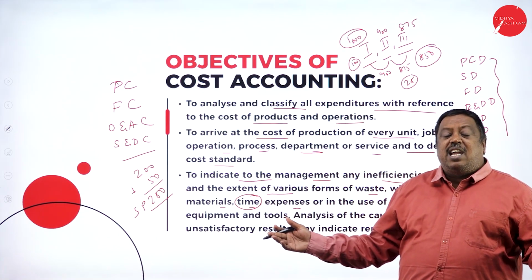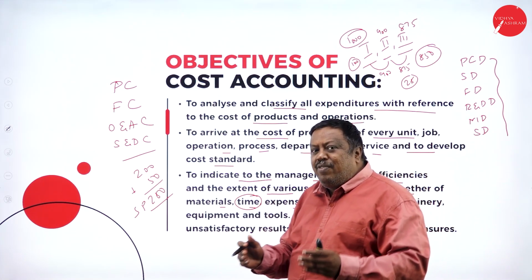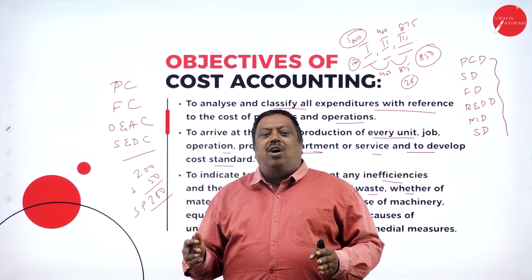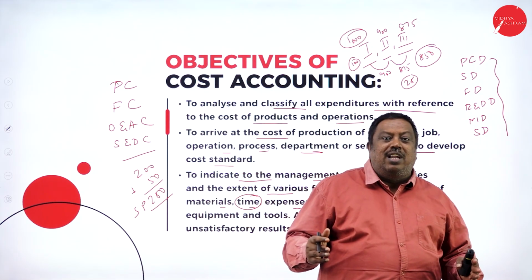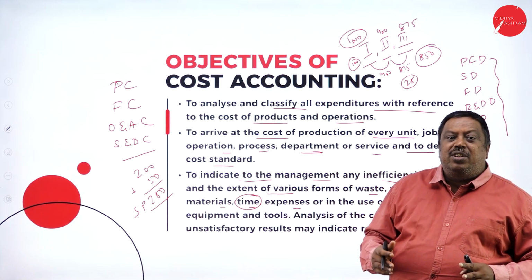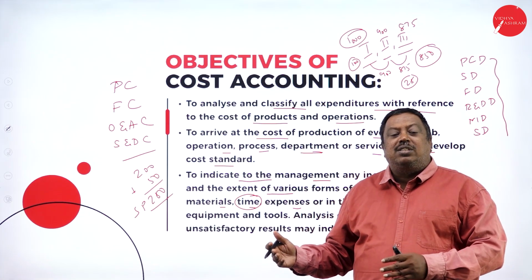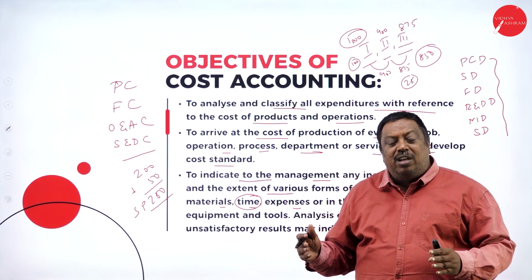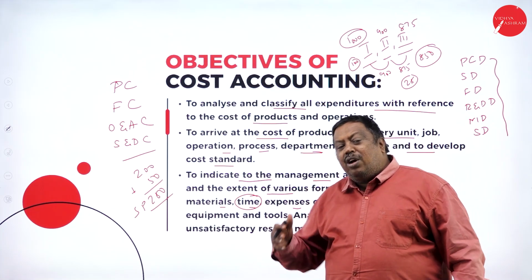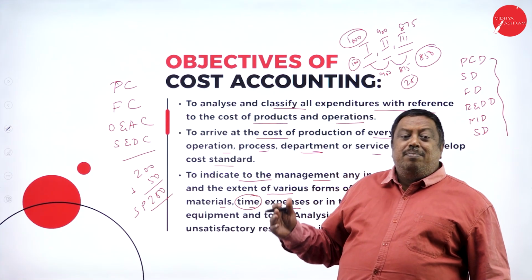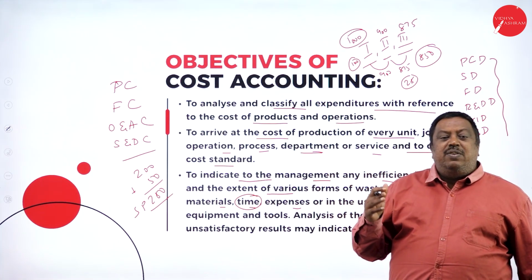So what is idle time here? Idle time is a time where there was no productivity or there was no production at all. No involvement of conversion into finished goods. Means they have not worked at all. They were discussing. They were not on the production floor at all. Means there was no activity.